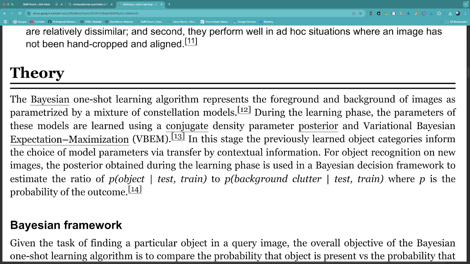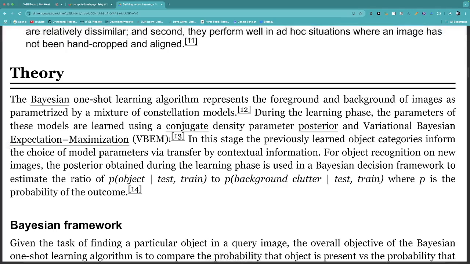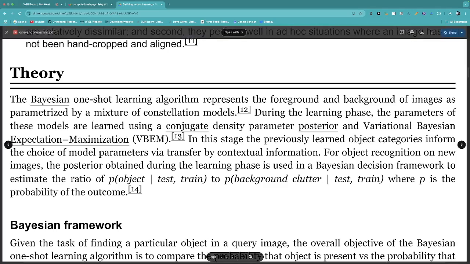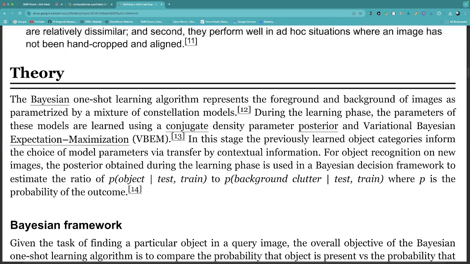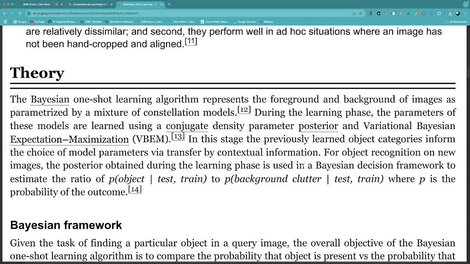During the learning phase, the parameters of these models are learned using a conjugate density parameter posterior and variational Bayesian expectation maximization, or VBEM. In this stage, the previously learned object categories inform the choice of model parameters by a transfer by contextual information.